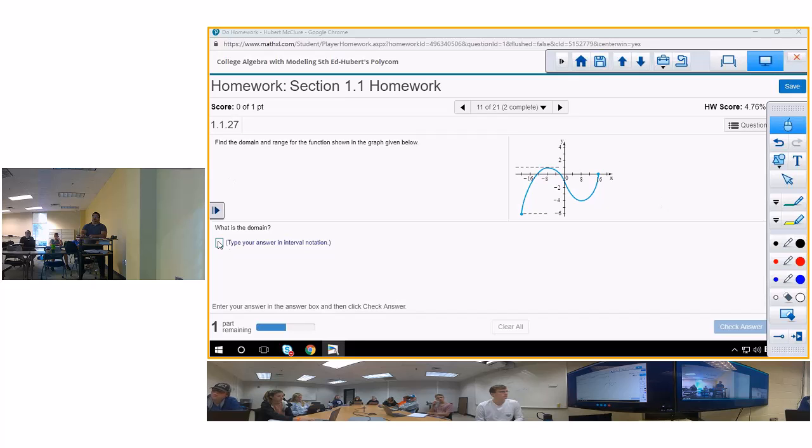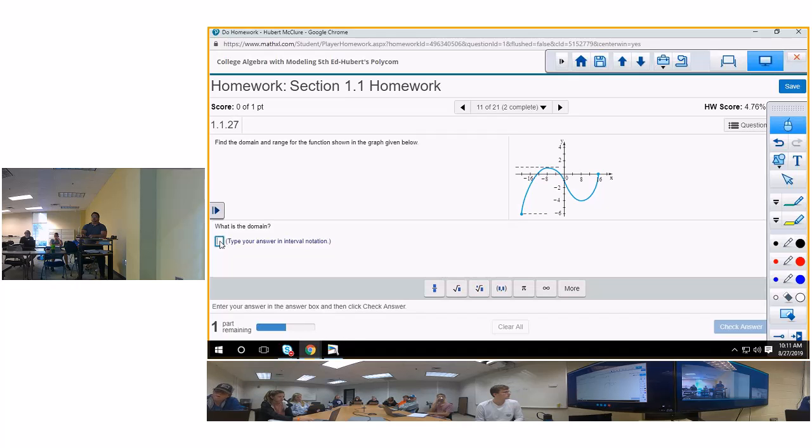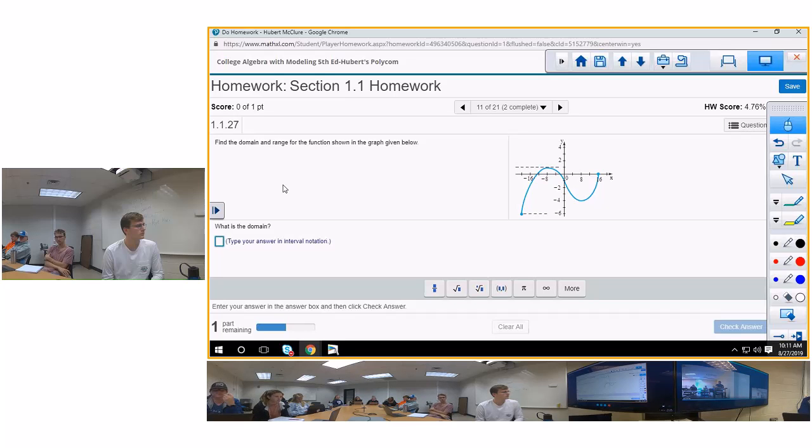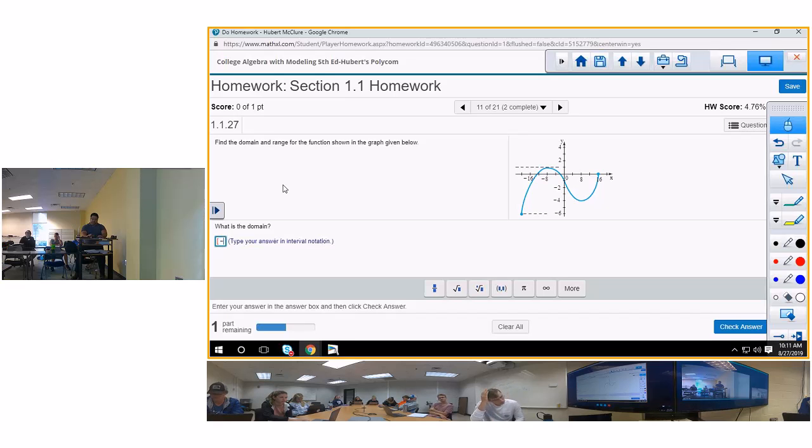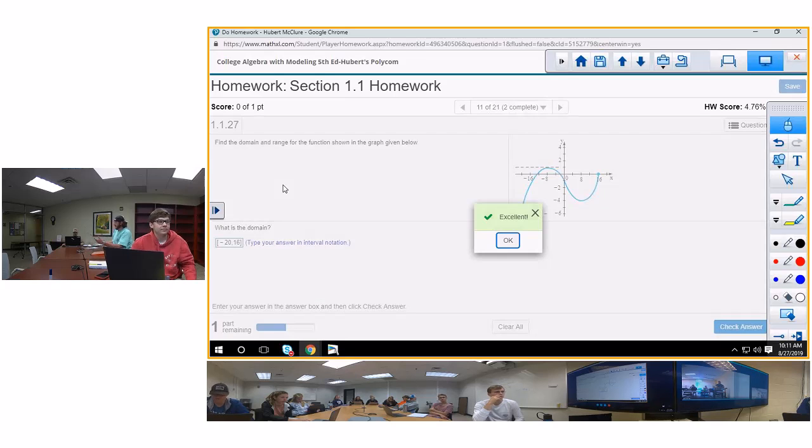So now you're going to type in interval notation, your brackets, because it's inclusive, because you've got closed dots on the end. So brackets, negative, did we say that was -20, comma, 16, close brackets, I can't please everybody right there.